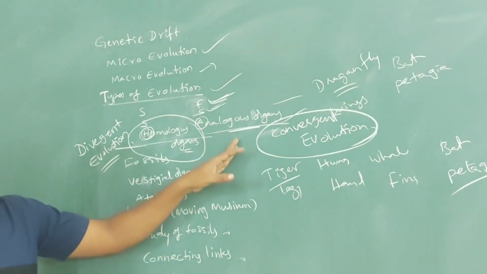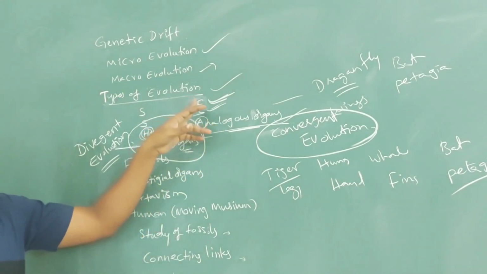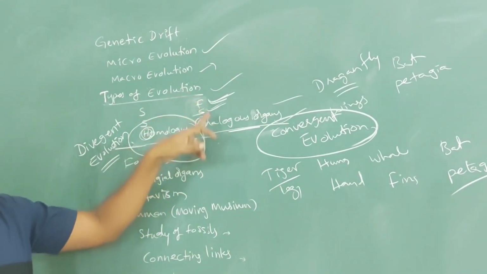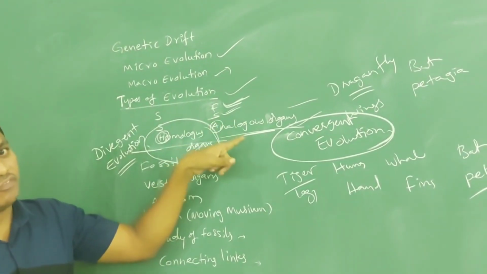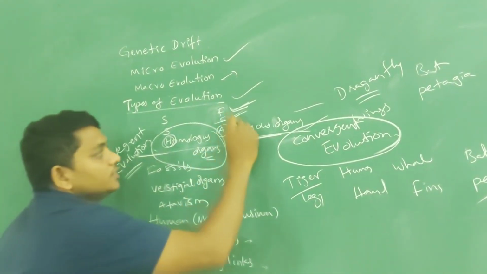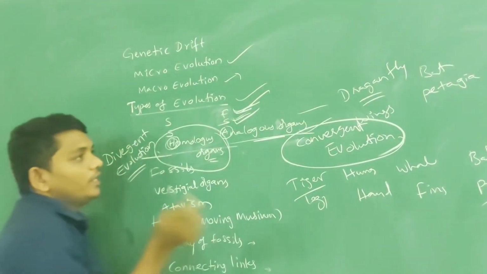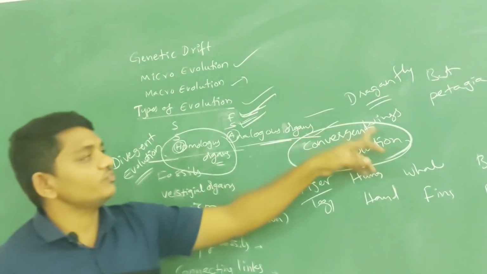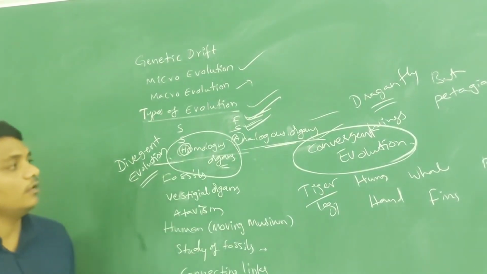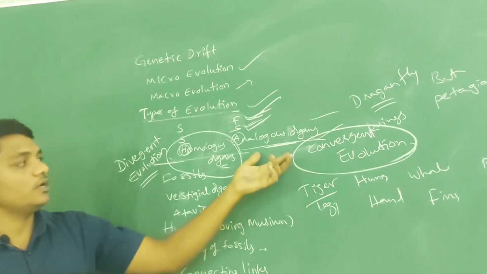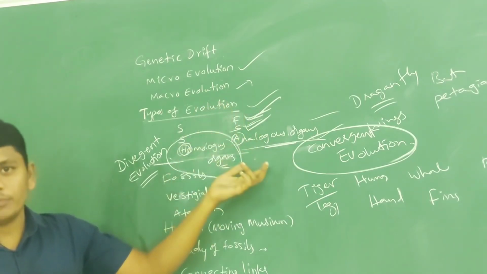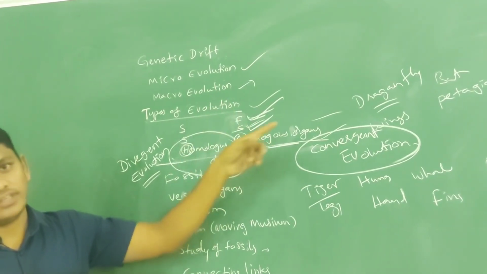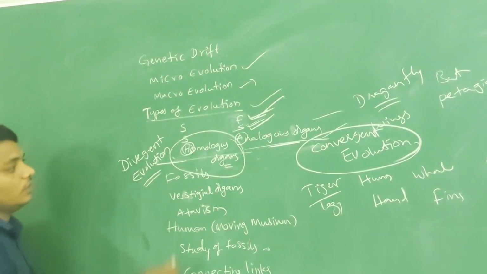Analogous organs are different in structure, same in function. For example, dragonfly wings and bat patagia. Once again, convergent evolution is seen in analogous organs. Analogous organs are nothing but function is same, structure is different.